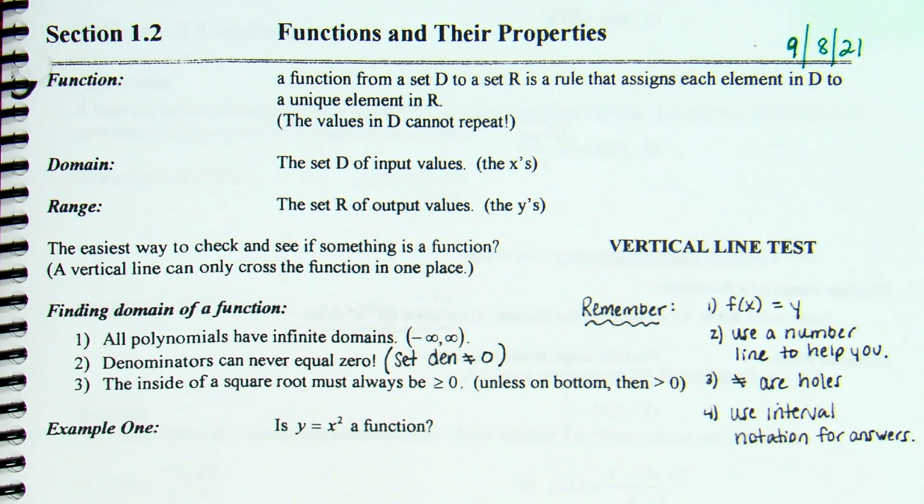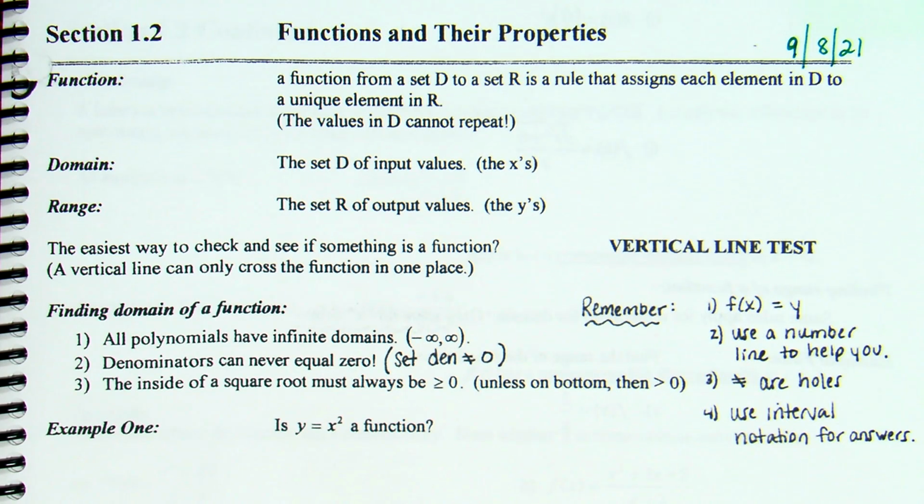Well, if you look up the official definition, a function from a set D to a set R is a rule that assigns each element in D to a unique element in R. That's the fancy definition. What's the easier definition?